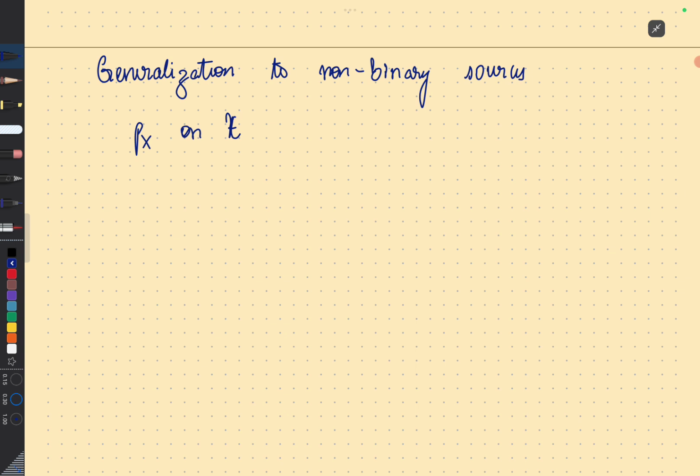If you see an IID sequence xn, where each xi is drawn according to Px, what can you say about the frequency? What would be the first order statistics? The first order statistics would essentially be the frequency of occurrence of each symbol in the sequence. And what can you say about that? The frequencies of occurrence should approach the PMF. All right, so let us use that itself to construct our set.